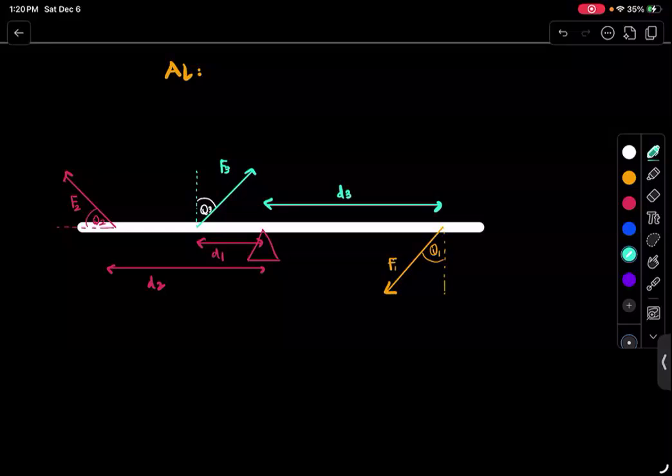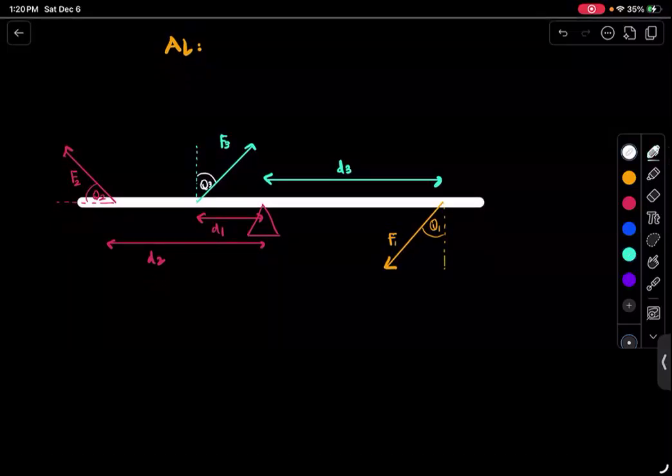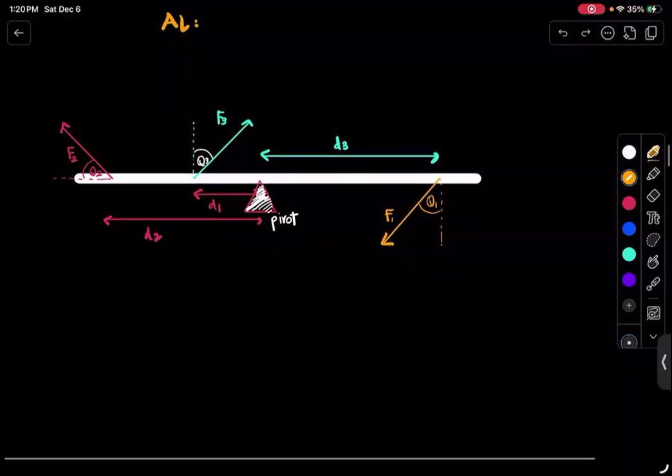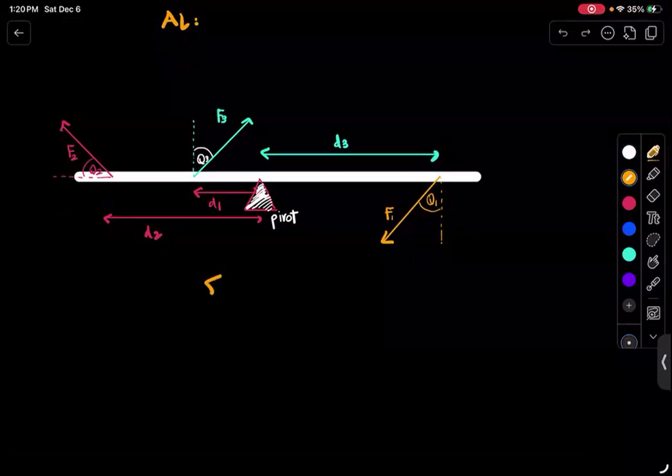Okay. Now, how do I write the principle of moments for this example, right? By the way, this is the pivot. This block is the pivot. So the bar is either going to turn like this or turn like this. It could turn clockwise or anti-clockwise. Now, how do I write it, assuming we have angles?